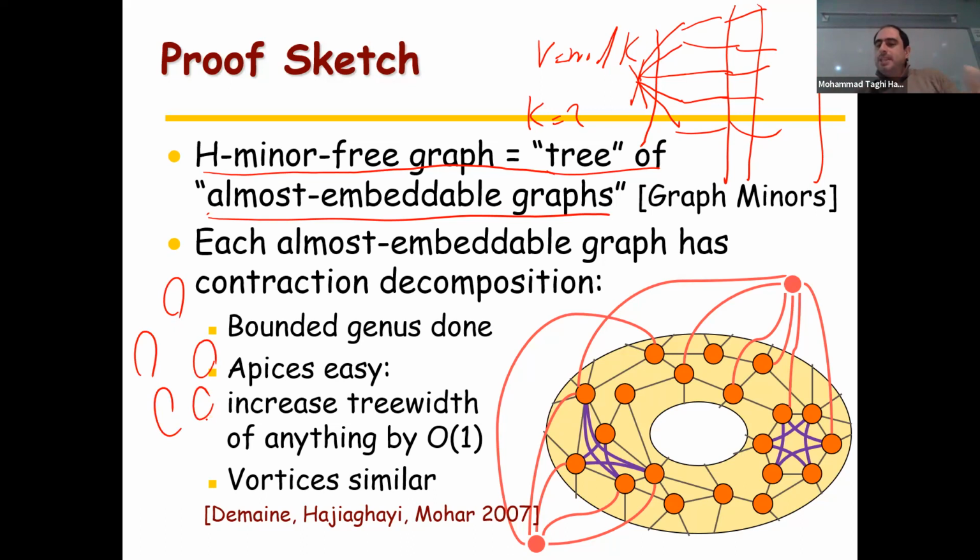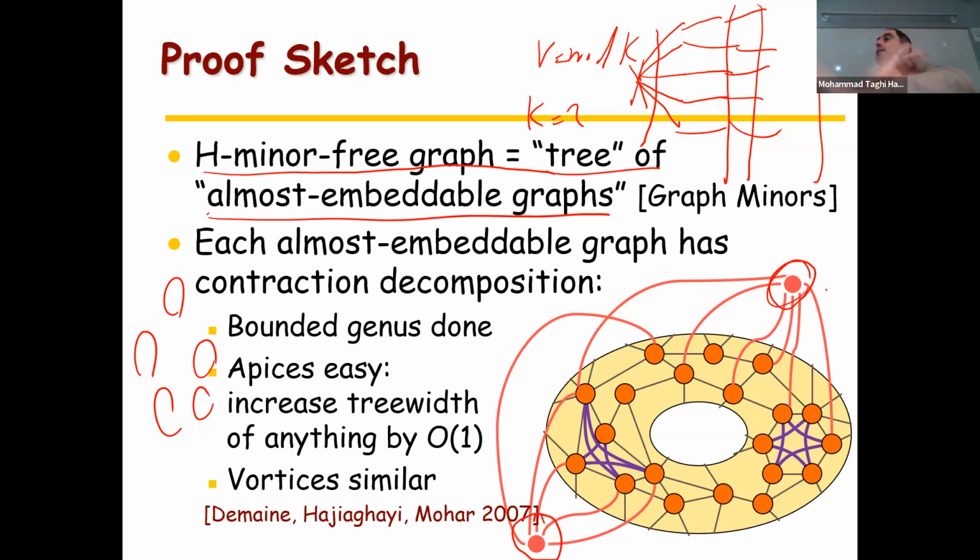What are the almost embeddable graphs? It is some kind of bounded genus graph plus some apices, but the number of them is bounded. The genus here is bounded, so it is somehow a planar graph, not quite planar, but bounded genus. Then you have bounded apices. Apices are those vertices which are outside of this surface, and they can be connected to any vertex.